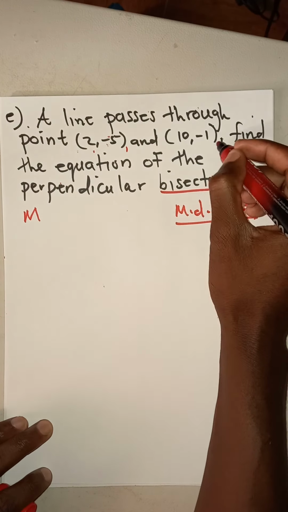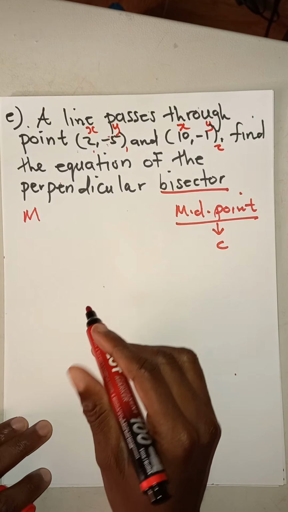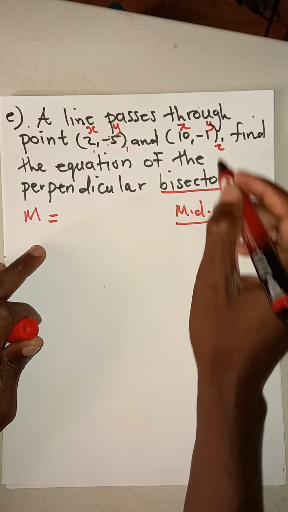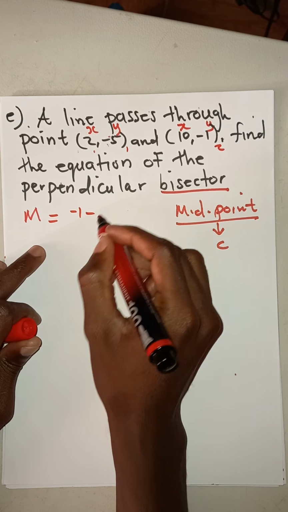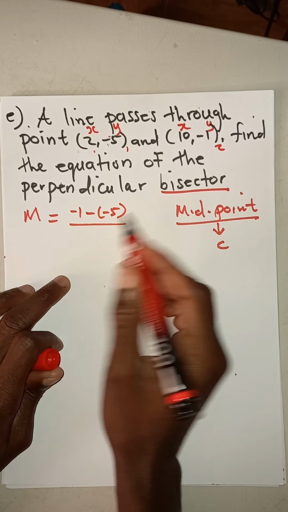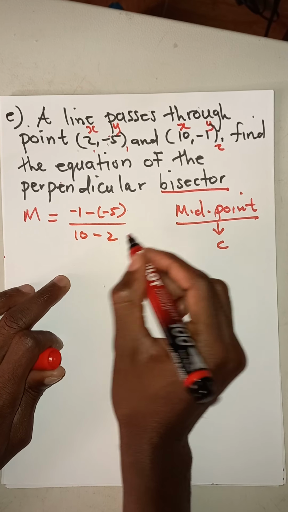We put this one to be 1, this one to be 2. This is x, y, x, y. So gradient equals y2 minus y1, that is -1 minus -5, divided by x2 minus x1, 10 minus 2.